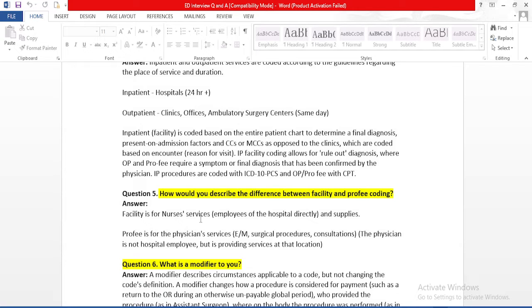So basically in the inpatient setting, we can code conditions that have a rule out diagnosis, whereas in OP facility or profee, we can't code rule out diagnosis. To code inpatient procedures, we use the ICD-10-PCS coding system, whereas in outpatient settings, we use the CPT coding system.